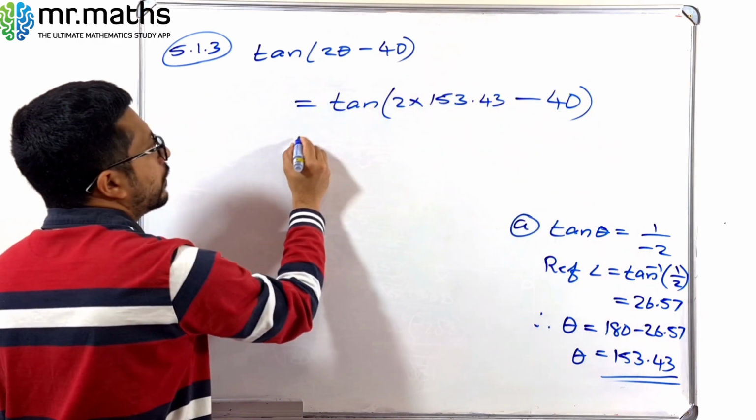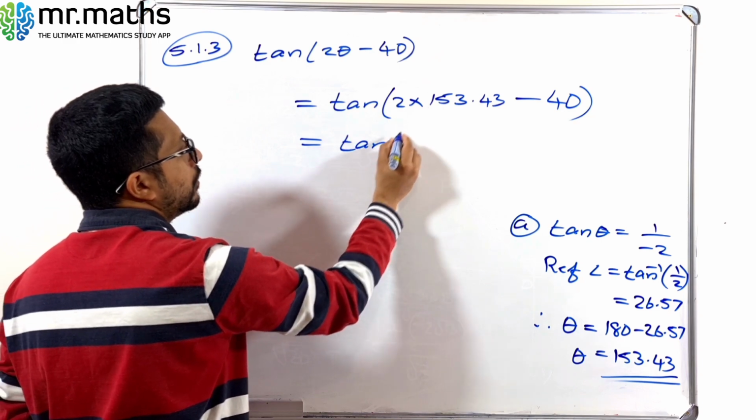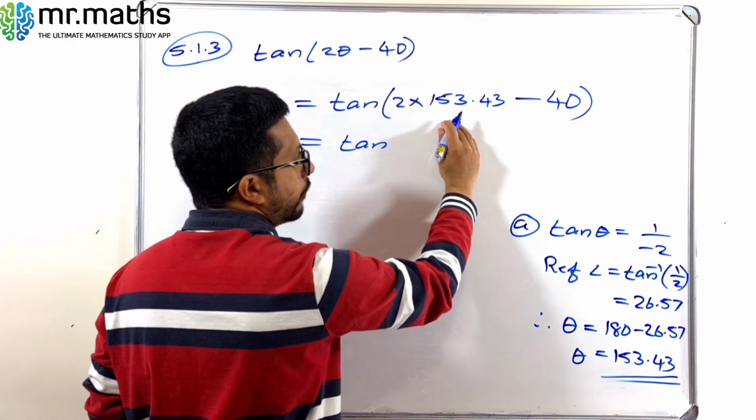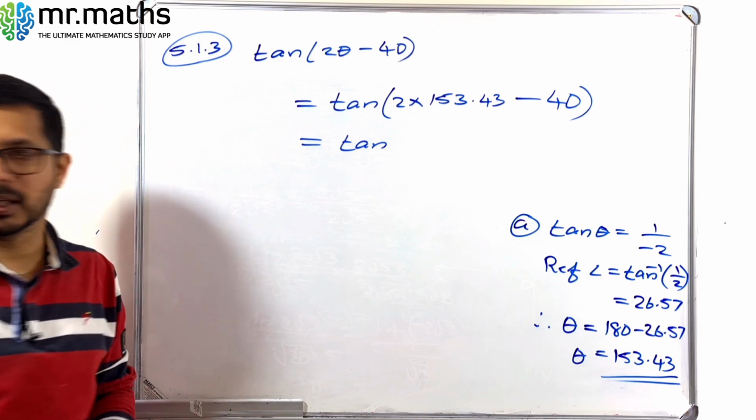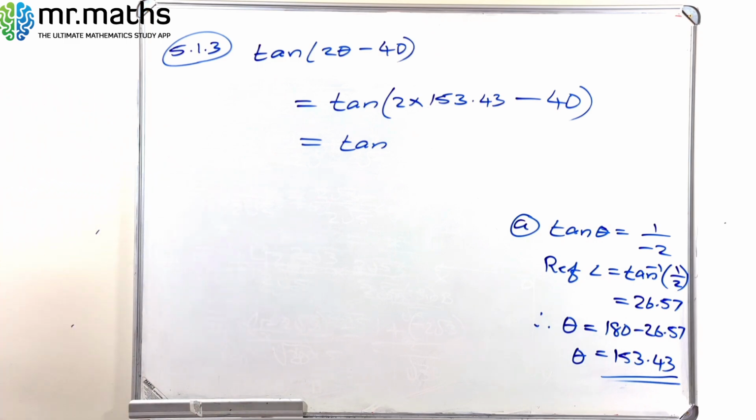Check in your calculator what that is. You multiply this one, then from that answer you subtract 40. So in your calculator the final answer is 18.3.